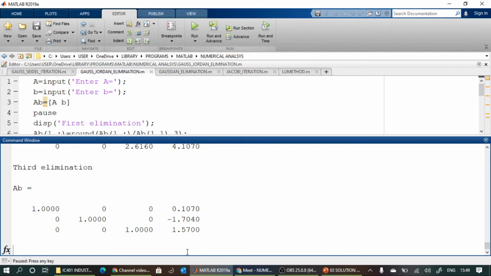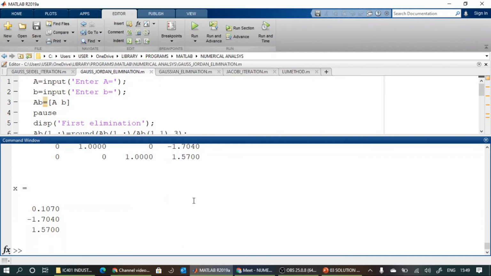Now after the third elimination we have 1, 0, 0, 0.107, 0, 1, 0, minus 1.704, 0, 0, 1, 1.57. Now you can see that to the left of this cursor is the identity matrix, so the right hand side is the solution. So the solution is 0.107, minus 1.704, 1.570.